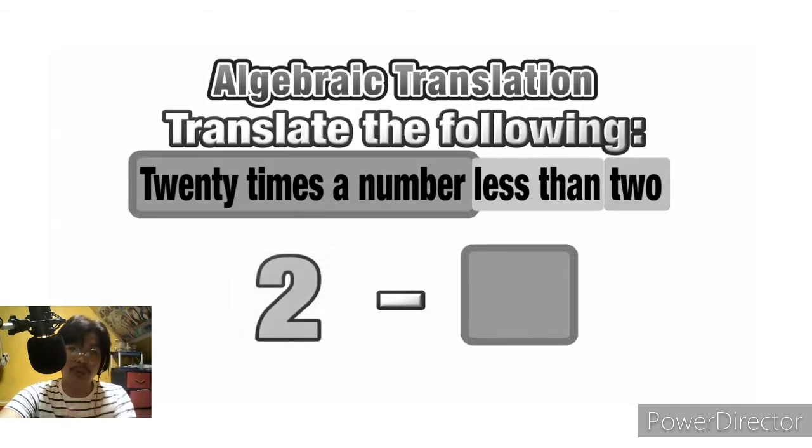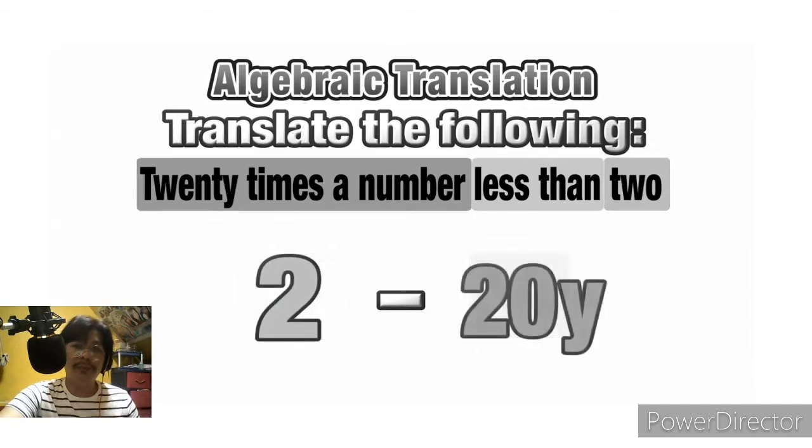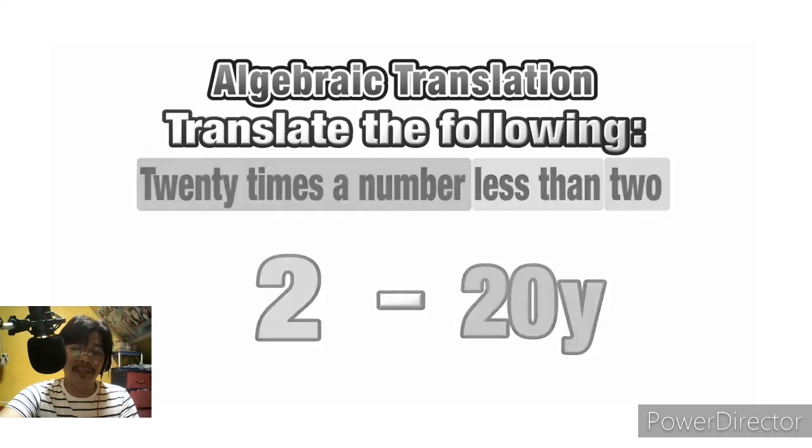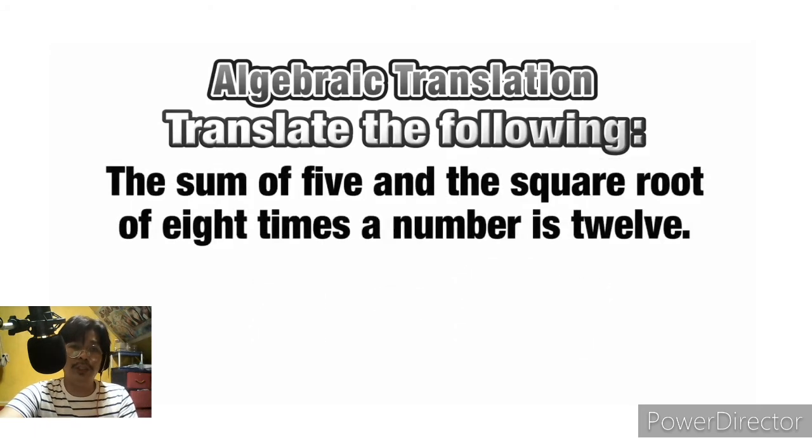Less than 2. A while ago, we said that "less than" means switch. So we switch the words: 2 is put in front and 20 times a number comes after. Do not forget that if we have "less than", the operation needed is to switch the words in the sentence.